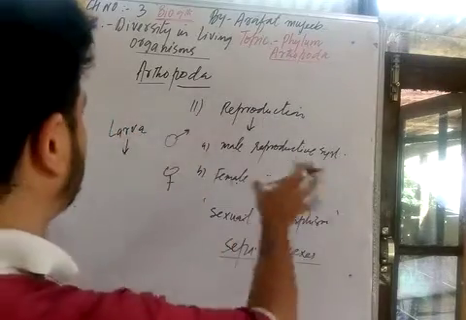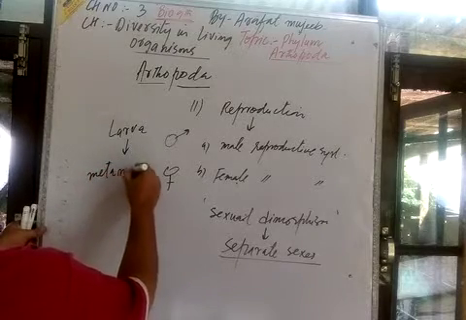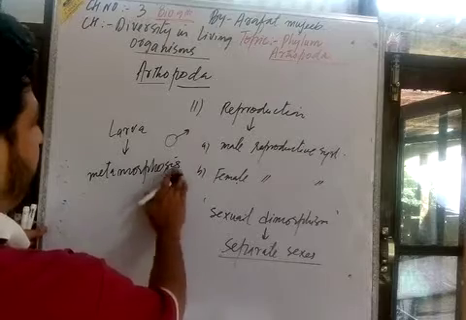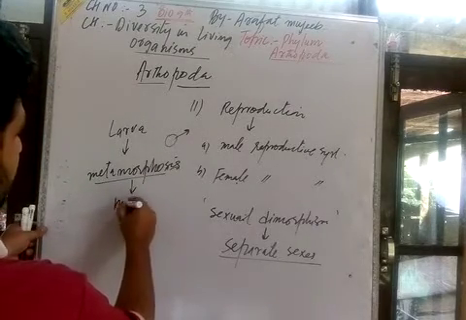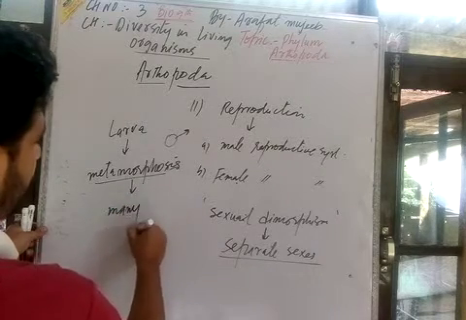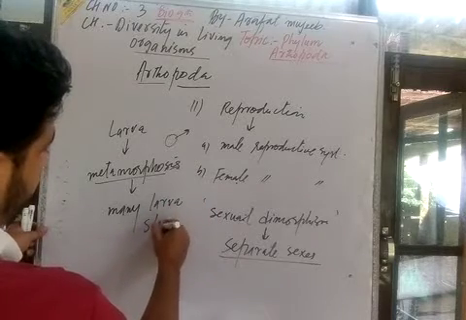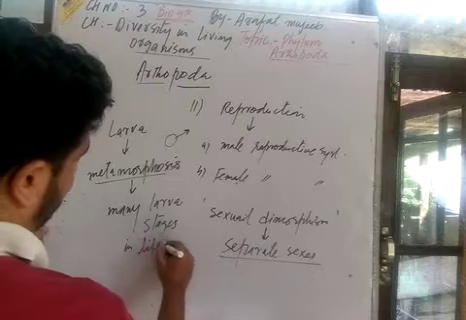Larvae in the arthropods undergo metamorphosis. You have seen the mechanism of metamorphosis, wherein there are many larval stages in the life cycle. बहुत सारे larval stages हैं.